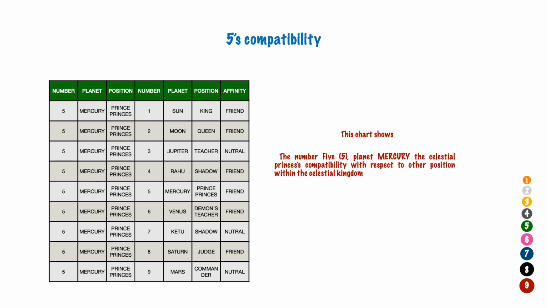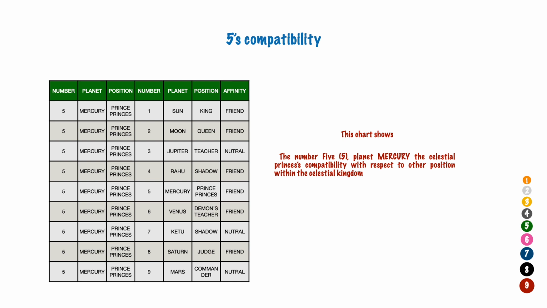Number 5, Mercury, prince or princess with number 3, Jupiter, teacher, they are neutral. Number 5, Mercury, prince or princess with number 4, Rahu or shadow person, they are also friend. Number 5, Mercury, prince or princess with number 5, Mercury, prince or princess, they are also friend.